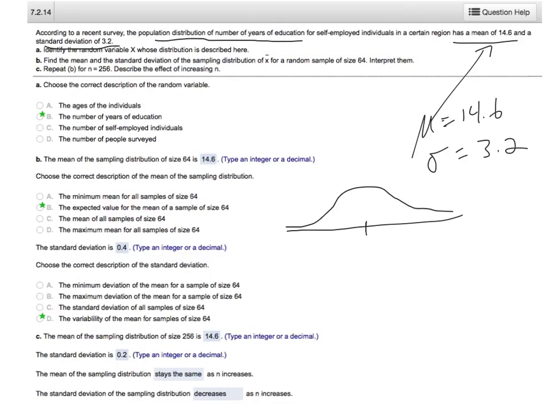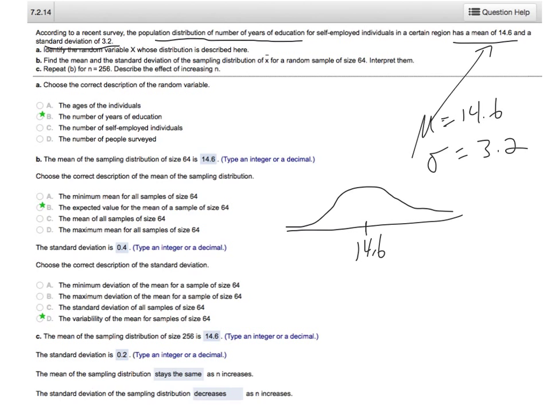So in other words, if I go off and ask a bunch of people their number of years of education and take those averages, I shouldn't expect on average to get anything different than the 14.6 that we believe is true in the entire population. So 14.6 should be the center of the sampling distribution regardless of how big the sample size is.